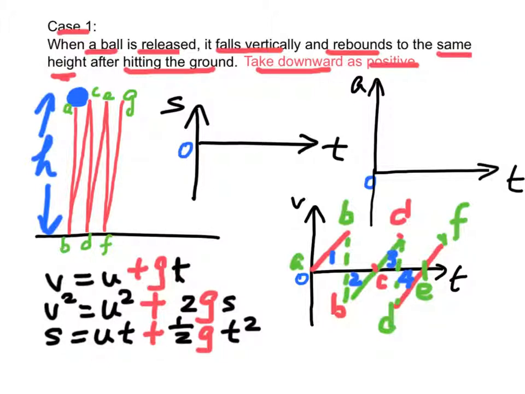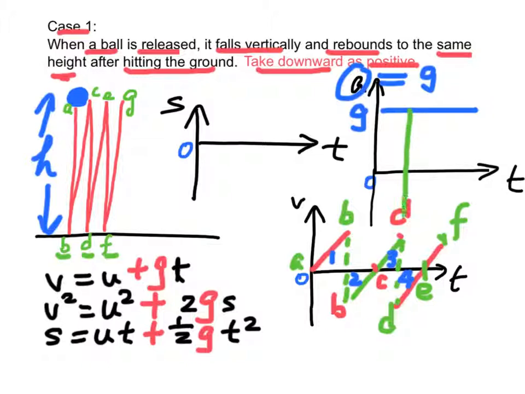When the ball is moving in air, no matter whether it is moving upward or downward, the acceleration is always equal to g, which is a constant value, except during the very small time interval when the ball hits the ground at B, D, and F, where the acceleration changes from g to a negative value.